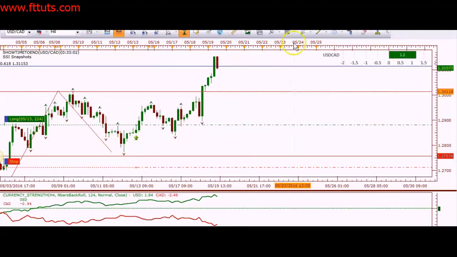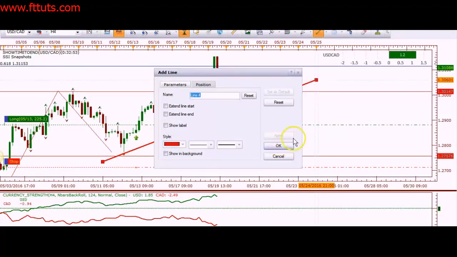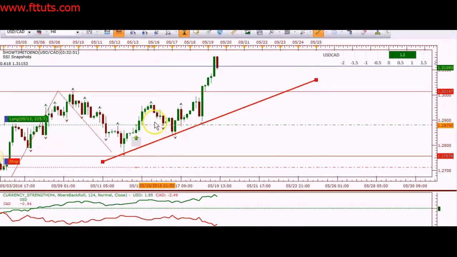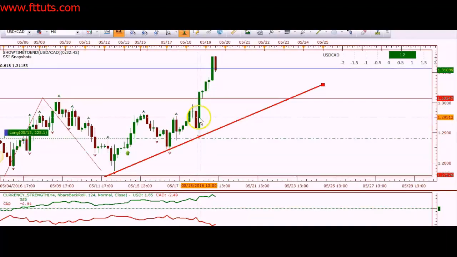So you could see we're in a trend, going to the upside. And what we have is the market pulled back, then moved a little higher, then pulled back, then moved a little higher, then pulled back here.